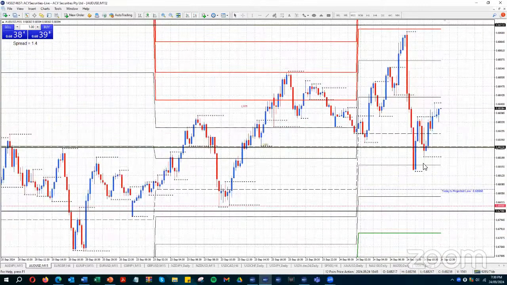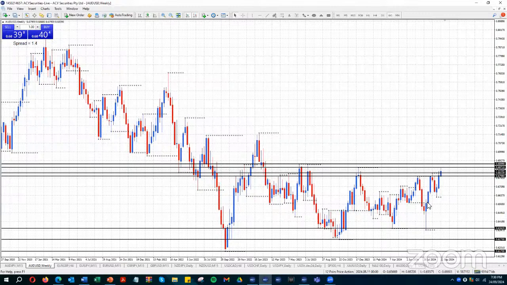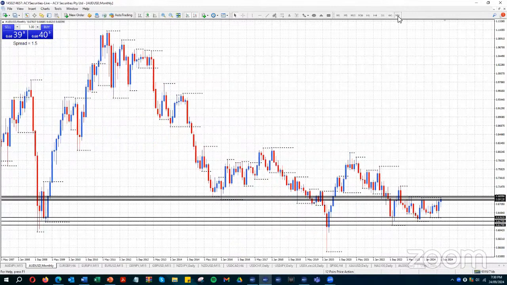Aussie did move up after the interest rate decision here on my 50-minute chart, then had a heavy sell-off back down to last month's high. So at the moment, the weekly's up here, and the monthly is range bound.